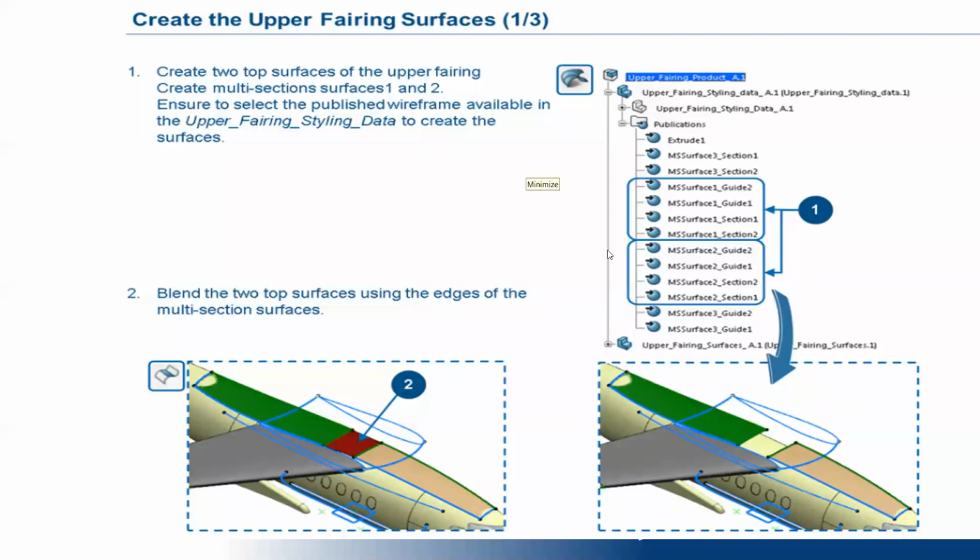The dimensions and other things will be from the stylist team, that's what I informed you previously. They will give you only the surface, the wireframes, the wires which are enough for us to create the surfaces.